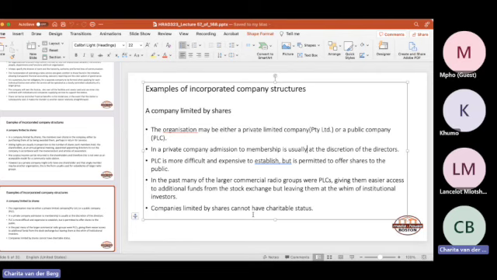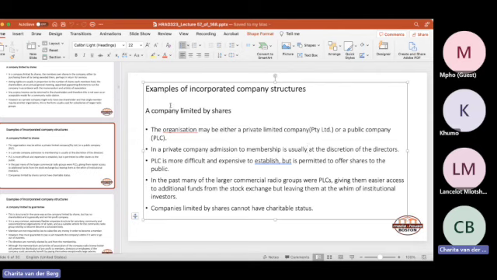So companies limited by shares can't have charitable status. Why? Because they make money, immediately putting them in a different bracket. So these kinds of companies that are limited by shares can't have the radio station.